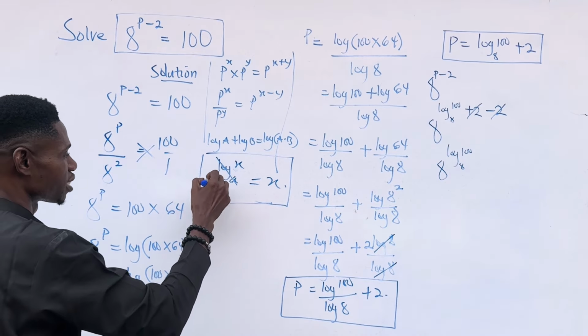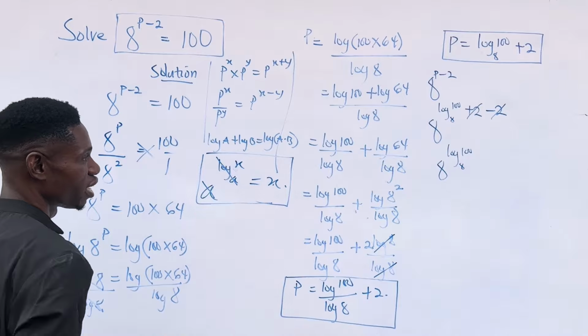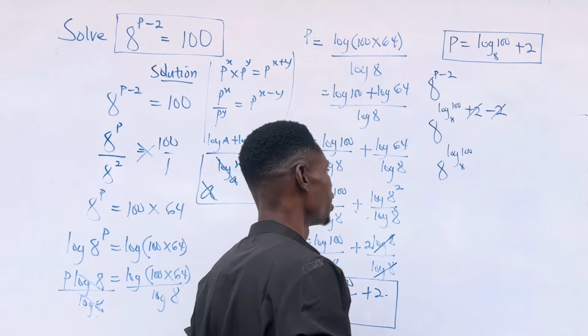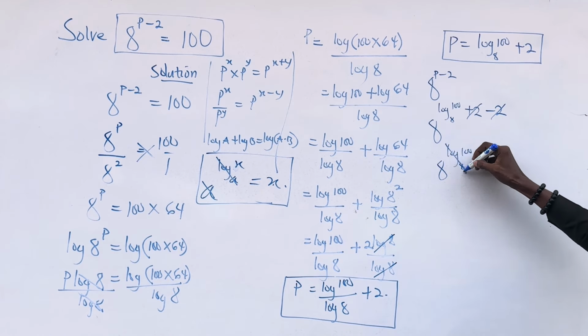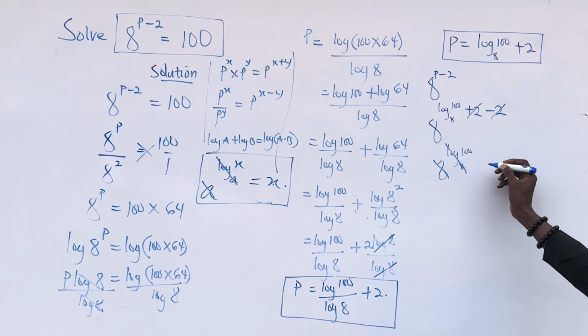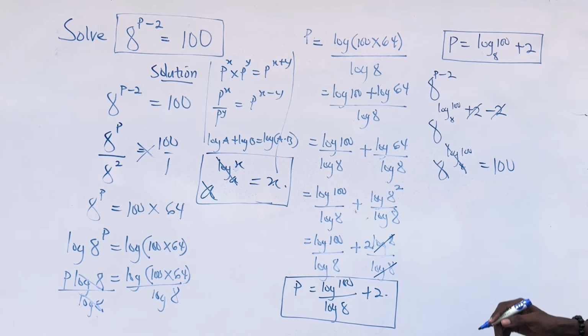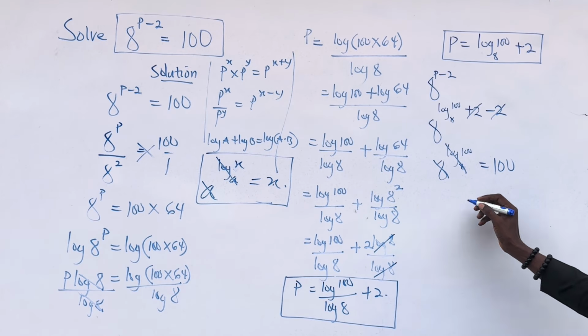So it's just like this a is cancelling this a, and then you have x. So the same thing applies here. Since we have 8 and our base is 8, this is cancelling this technically, and then what we'll have here is 100 left.